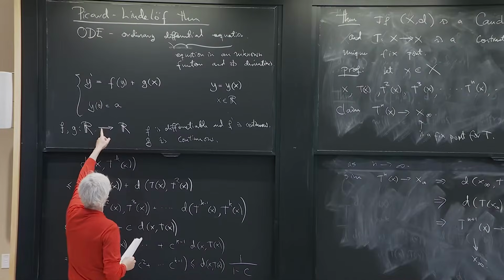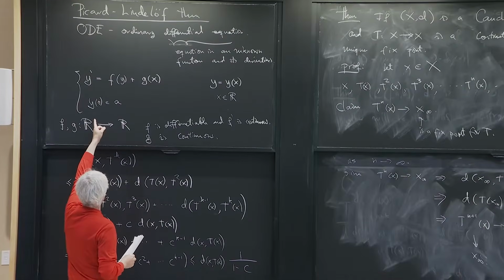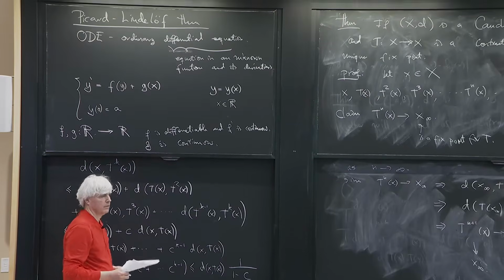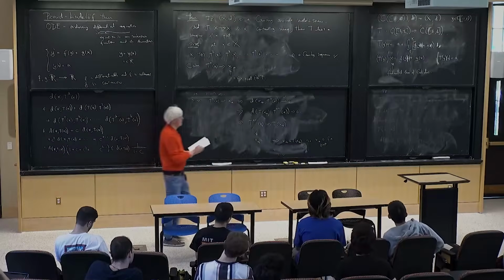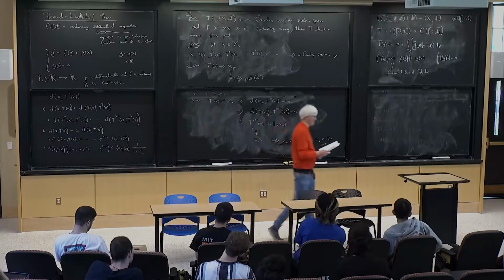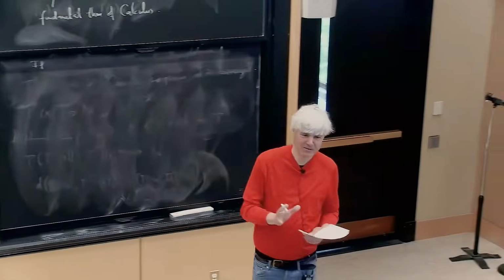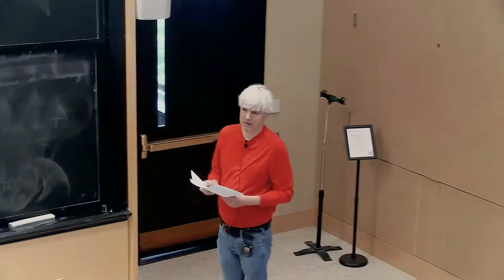But of course, if you want a solution to this, it means that the function must have a derivative, yeah. We don't know that yet. I mean, that's a major point, actually, right? And again, just like in Newton's method, we have to restrict where we're looking at it, yeah.